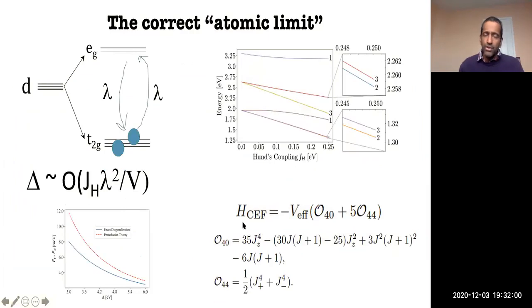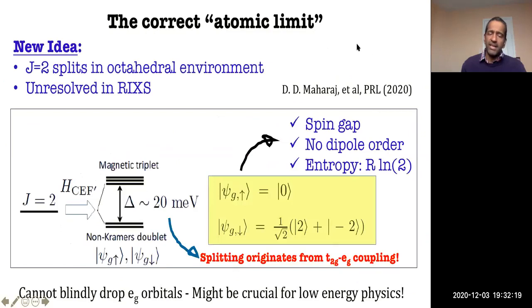So it turns out that if you take into account the effective model for a j equal to 2, you can add additional terms in the crystal field problem, where even maintaining perfect cubic symmetry, this thing will split into a doublet and a triplet. Okay. And so the idea then is that you can work out what the wave functions of the doublet are and what the wave functions of this triplet are.